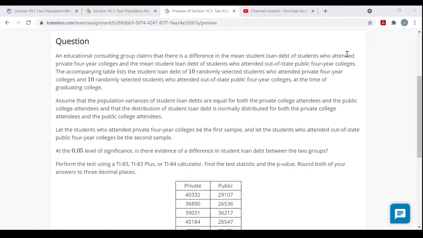Here, an educational consulting group claims that there is a difference in the mean student loan debt of students who attend private four-year colleges and the mean student loan debt of students who attend out-of-state public four-year colleges. The accompanying table lists the student loan debt of 10 randomly selected students who attended private four-year colleges and 10 randomly selected students who attended out-of-state public four-year colleges at the time of graduating college.